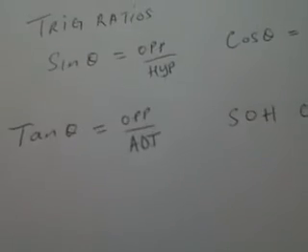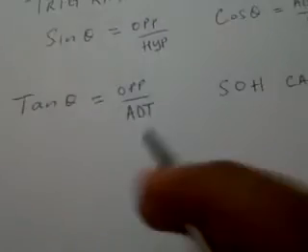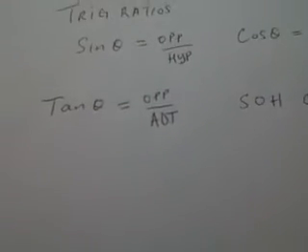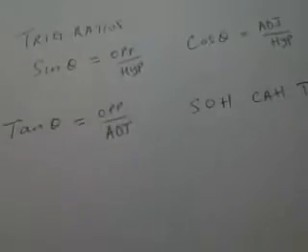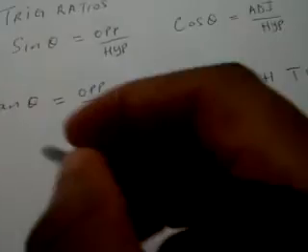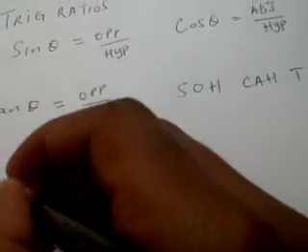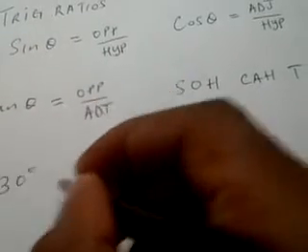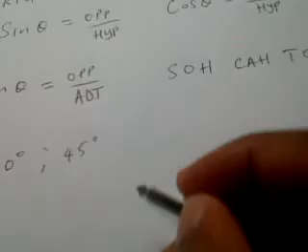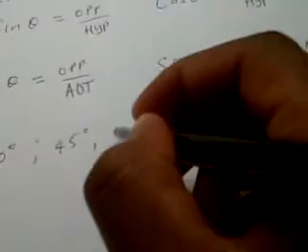Once you have this in mind, the next step is to understand that there are angles that we call special angles, but we're not going to deal with how they came about in this video. All you need to know is that those angles are 30 degrees, 45 degrees, and 60 degrees.